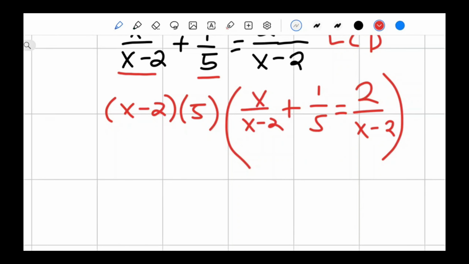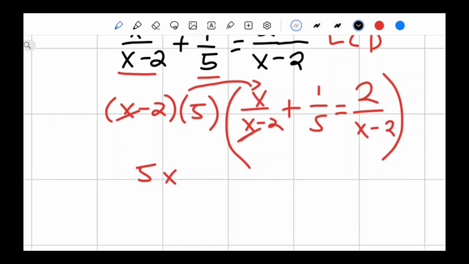If we multiply the LCD into the first term, we cancel the x - 2 and x - 2, so we are left with only 5 times x, or 5x.